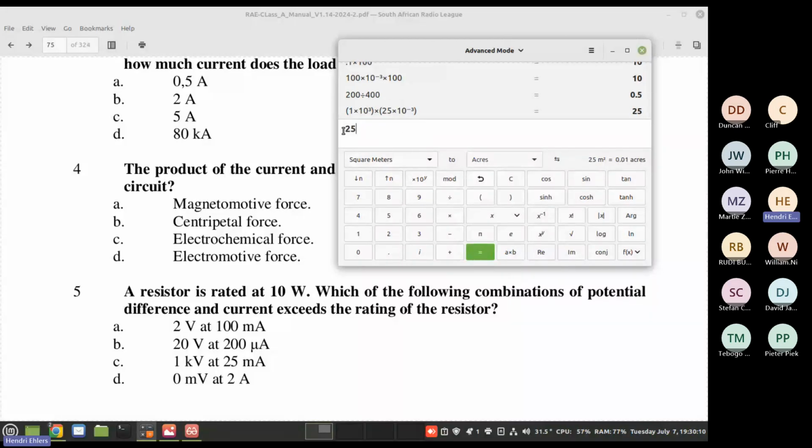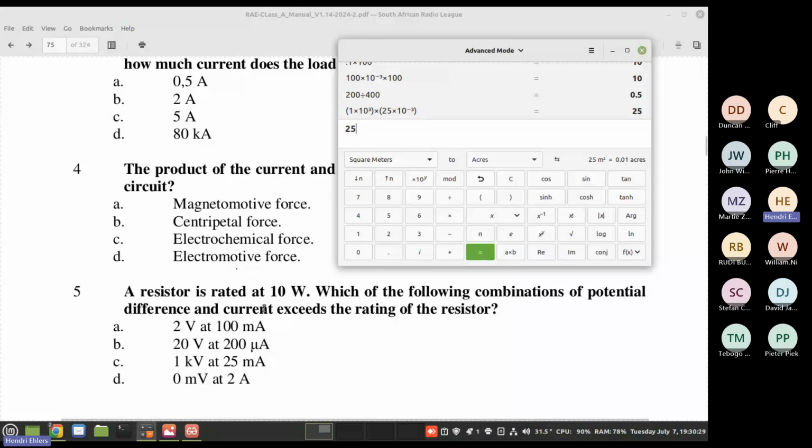That one exceeds it. So the others would be less. Am I correct? Because they ask which combination of potential difference and current exceeds the rating of the resistor. So C definitely exceeds it.